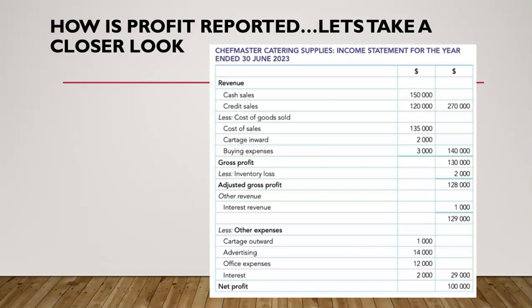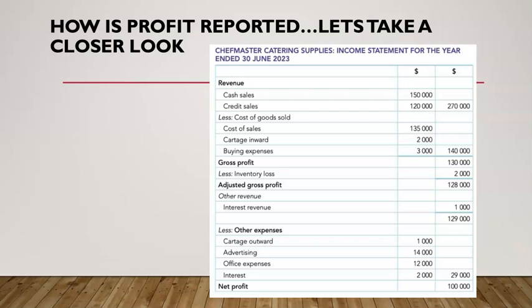This is an income statement. What do you notice? Hopefully you notice that we have calculated net profit of $100,000, and that's down the very bottom. And you'll see that we have listed all the revenues, and we've got a number of different types. Cash sales, credit sales. We also have something called other revenue, being interest revenue.